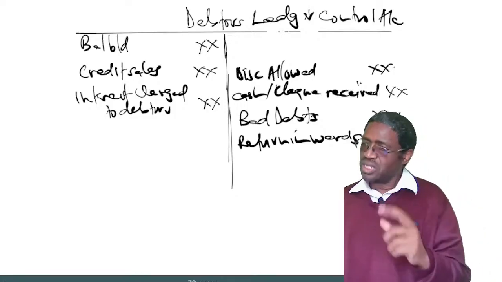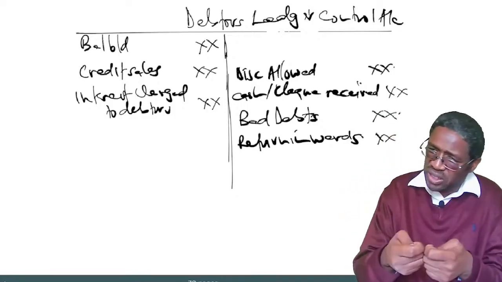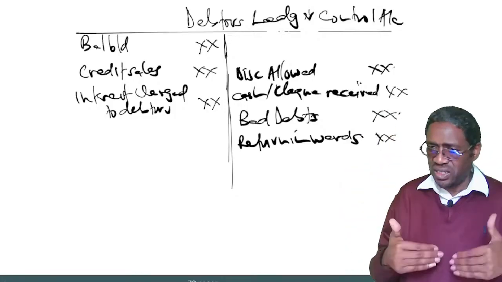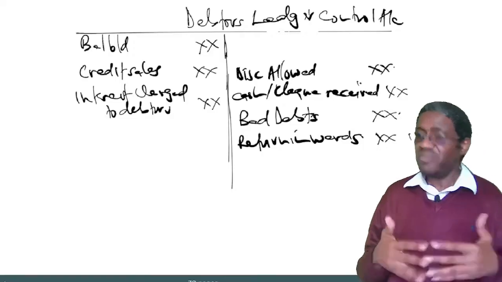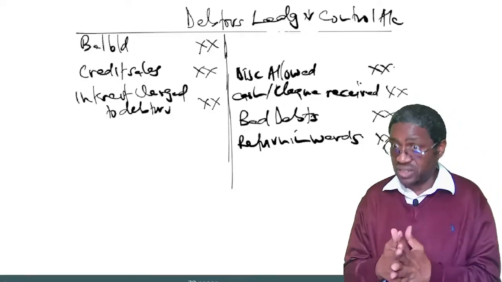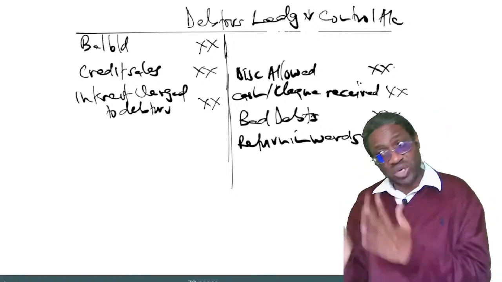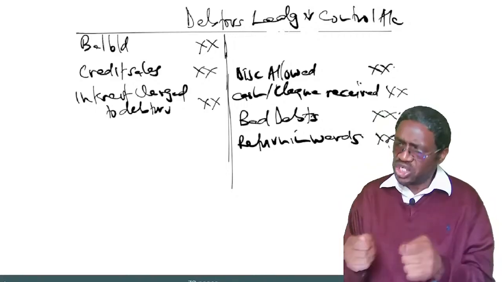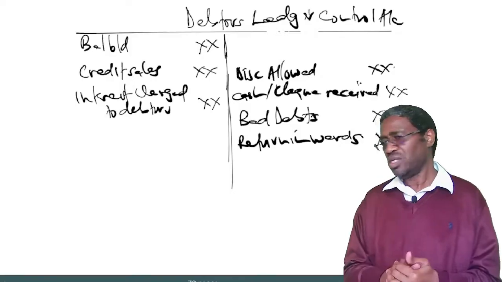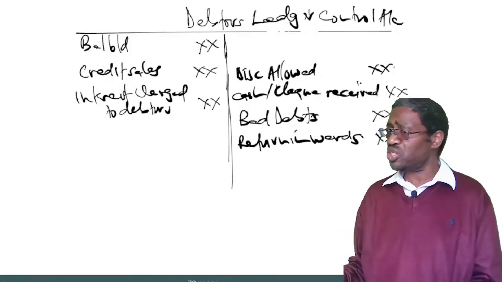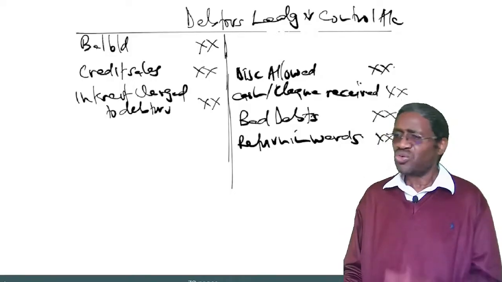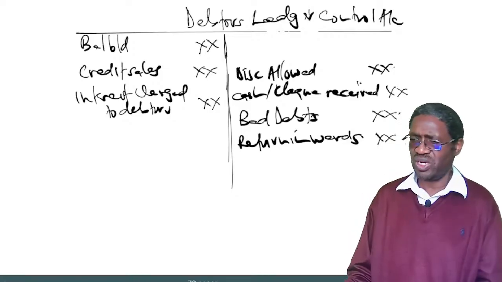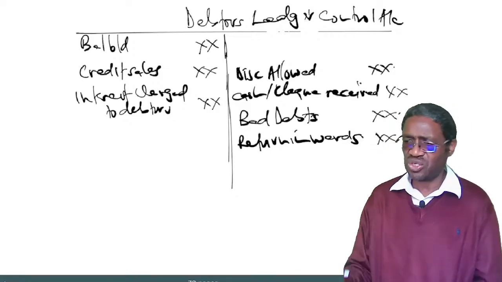But the moment he wrote you the check, you debited bank as an asset and you credited debtor. That's okay. Then you took the check to the bank for cashing, and you are told this guy has insufficient funds. So this check that you received from your customer became dishonored.